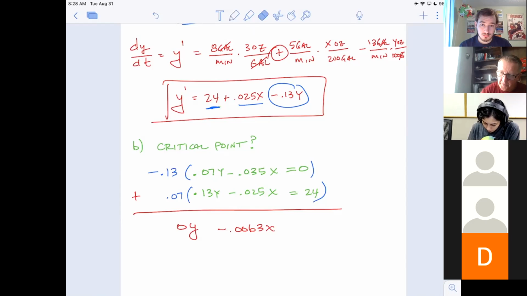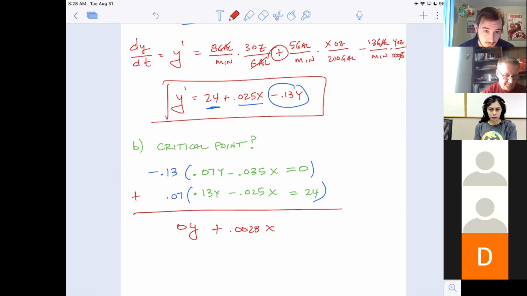Should have got positive 0.0028. So again, that's the downside of leaving things such a mess. In terms of small decimals, great.